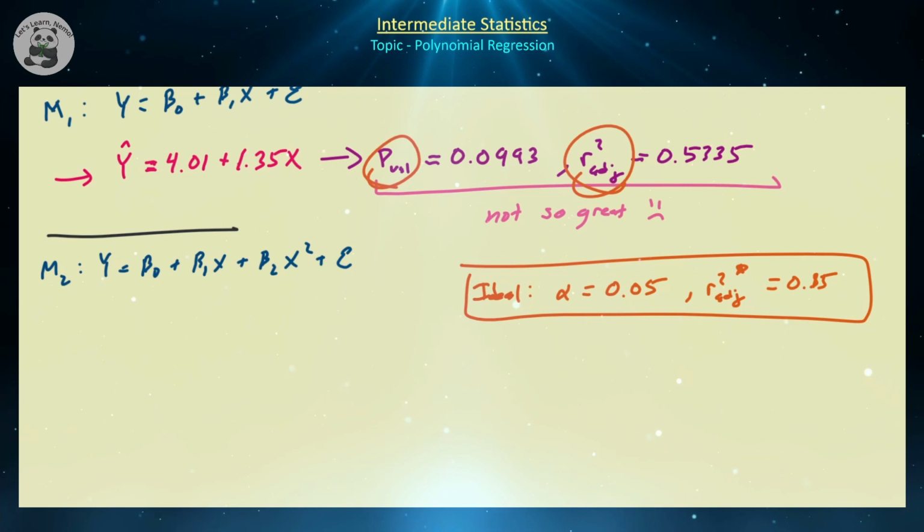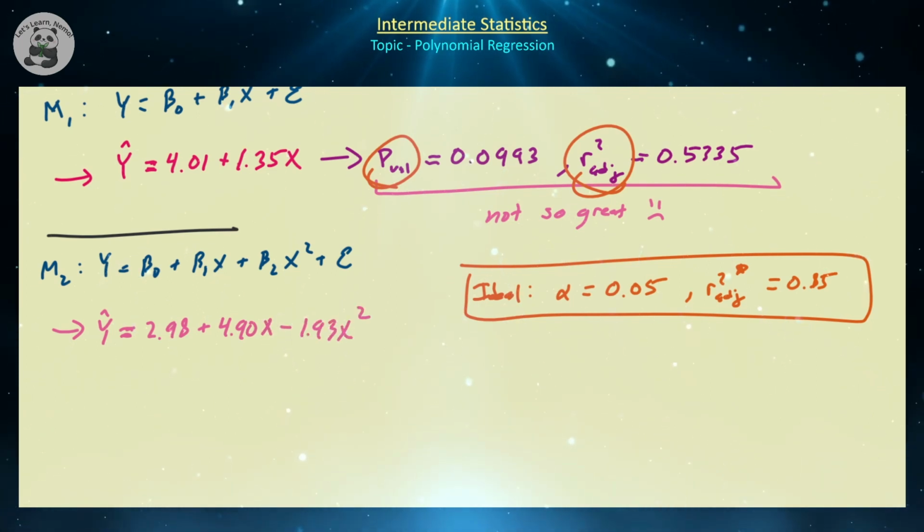So if we fit this model via multiple linear regression, we can find that the predicted model y hat is going to be equal to approximately 2.98 plus 4.90x minus 1.93 x squared.